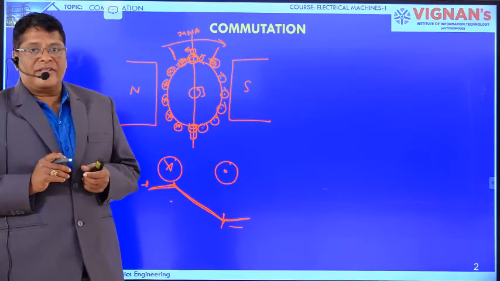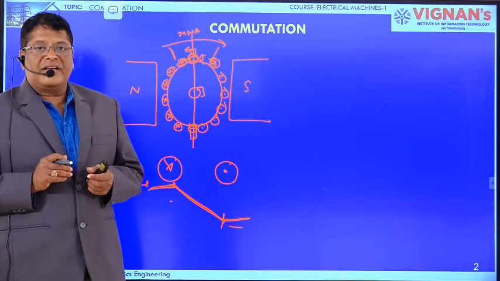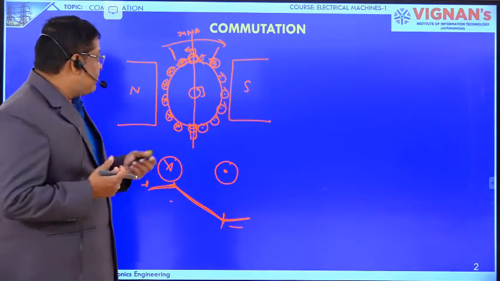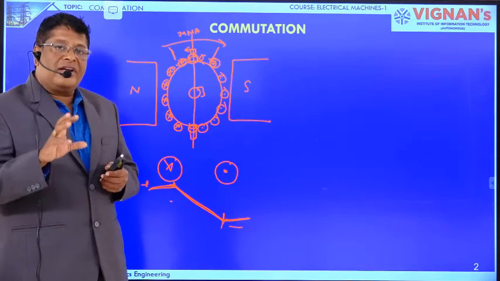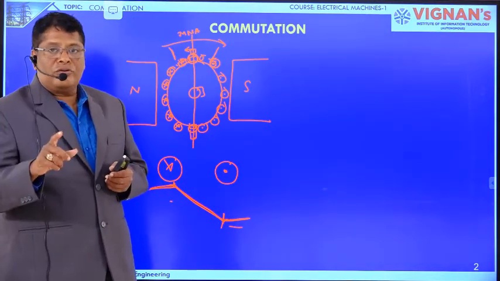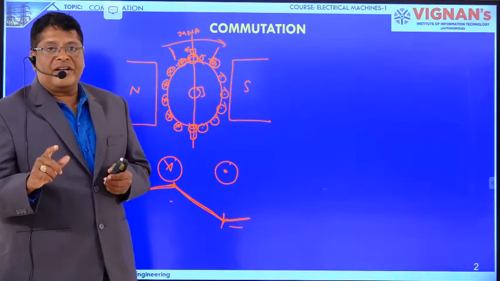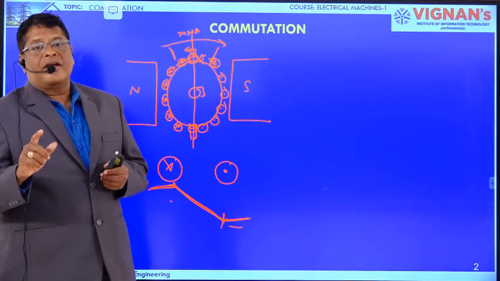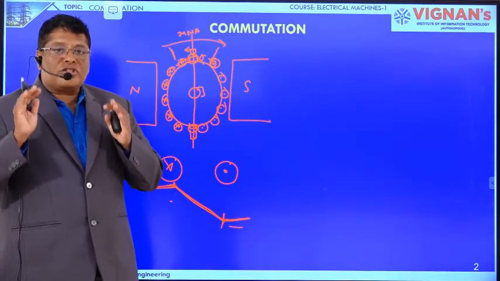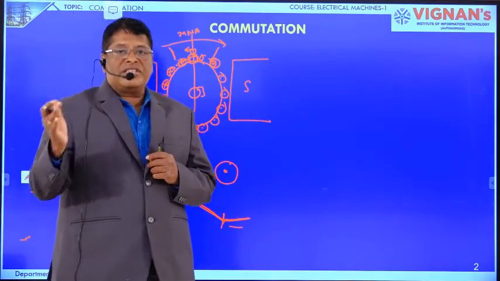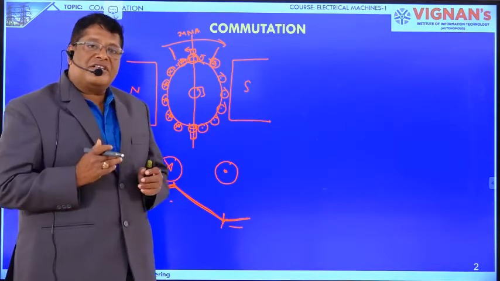Again we repeat the same definition: the changing of current through the coil from positive to negative, when it is short circuited, is nothing but commutation. Due to this commutation process only, the load is getting a DC voltage, even though the voltage induced in the armature is an AC voltage.